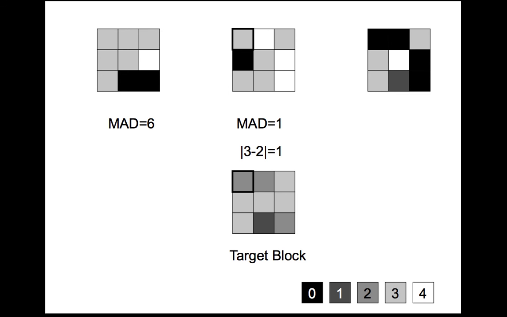We compare each pixel in the target block with each pixel in the candidate block, subtract one from the other, take the absolute value, and just sum them all up. So where there's a difference, it's going to be added to the score. And we keep going. In this case, the mean absolute difference gets a score of 11.